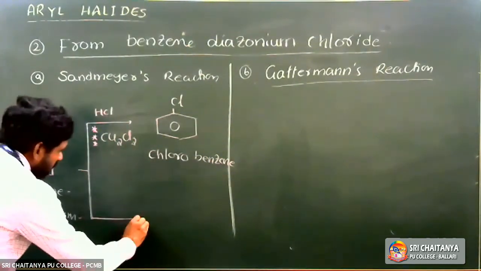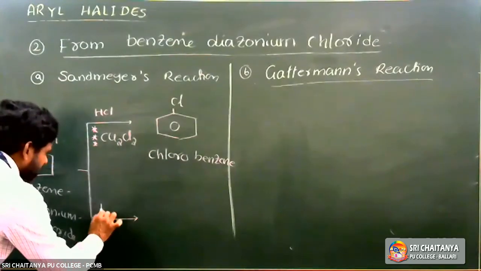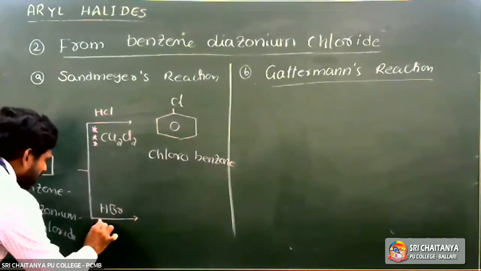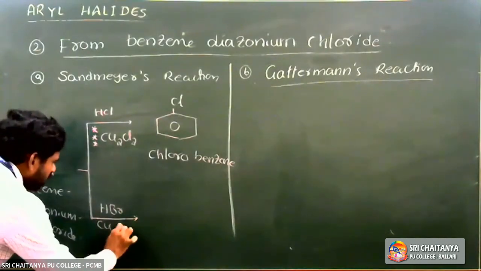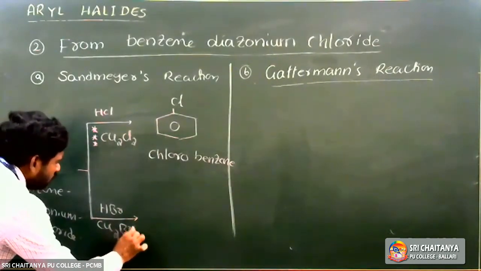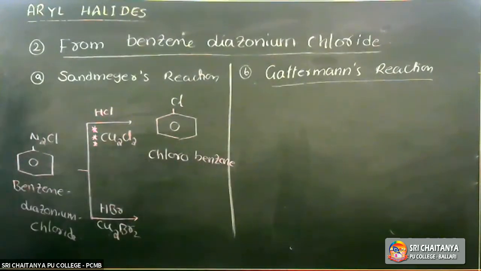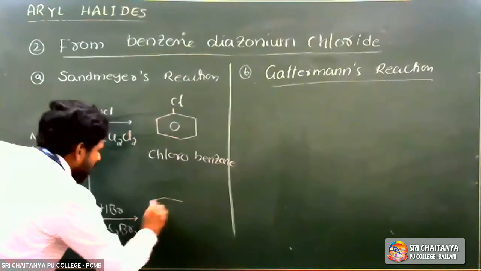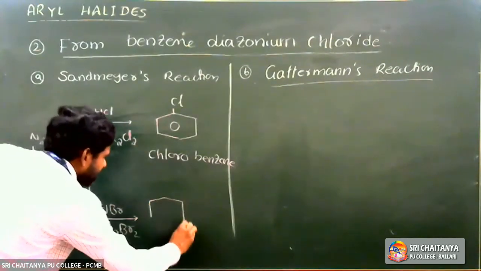When benzene diazonium chloride is treated with HBr in presence of Cu2Br2, here bromine is substituted.